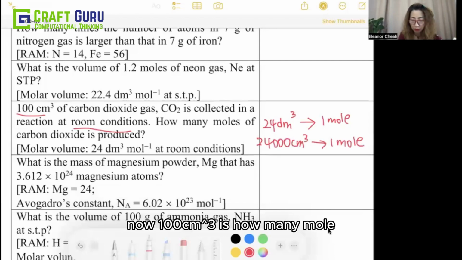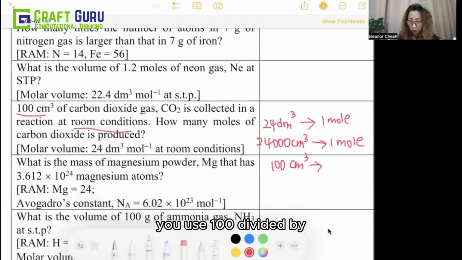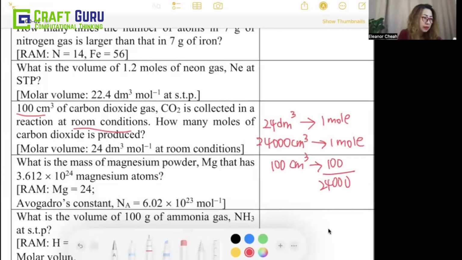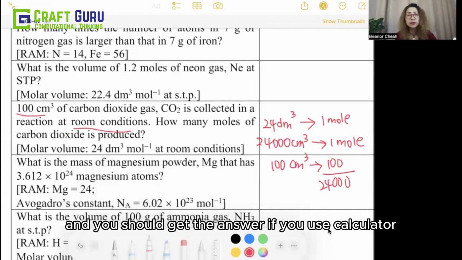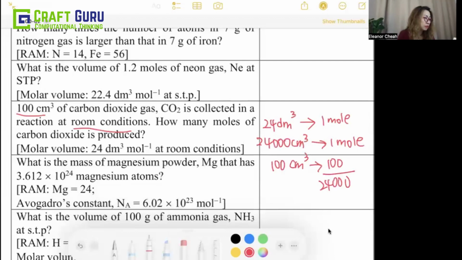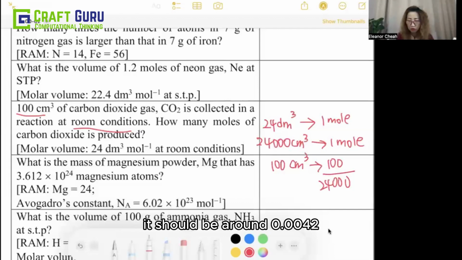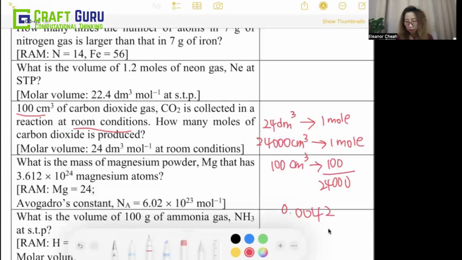Now, the question gives 100 cm³, how many mole? You use 100 divided by 24000, and you should get the answer if you use a calculator. It should be around 0.0042 mole.